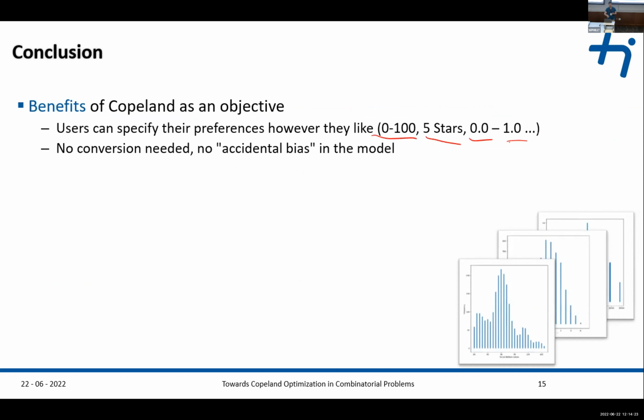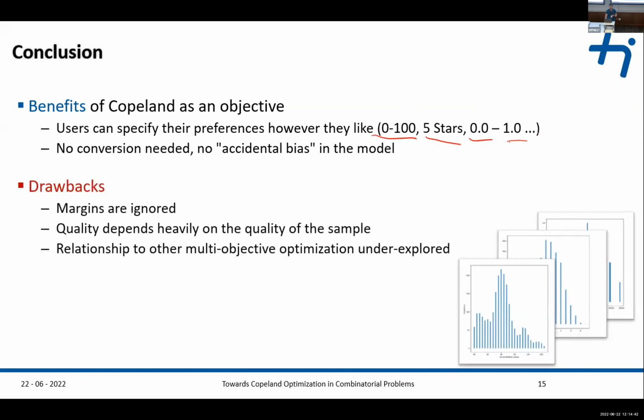Give stars, thumbs up, 0 to 1. We don't do any crazy business normalizing those values. That's the true advantage. Coming back to the units from yesterday, we can have everyone have their own unit, and we won't have accidental bias by just crunching the numbers. That's the true benefit of this.